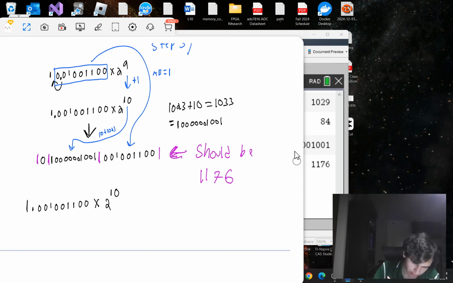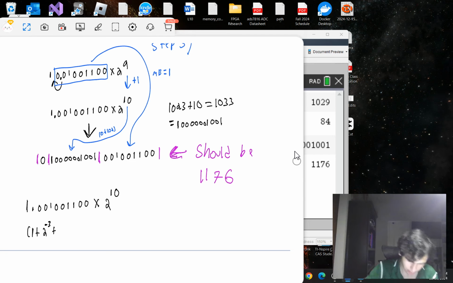But then that part, so it's going to be 2 to the negative 3, 4, 5, 6, 7. 2 to the negative 6.